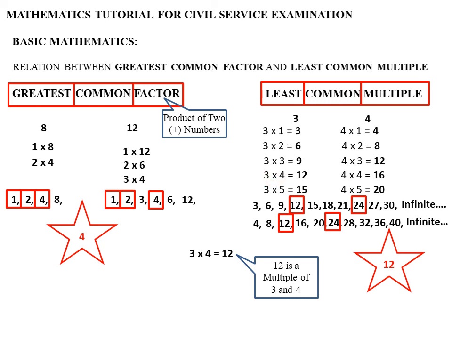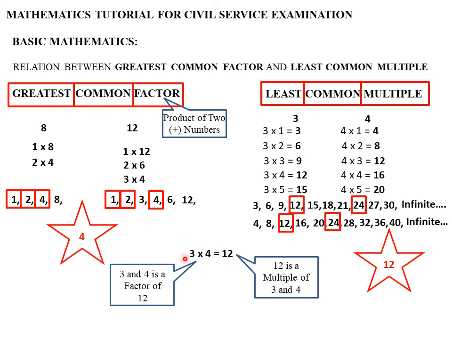The relationship is that the product of numbers is a multiple of each number. And 3 and 4 are also factors of 12.